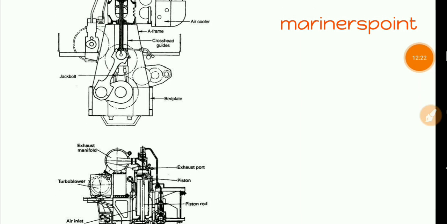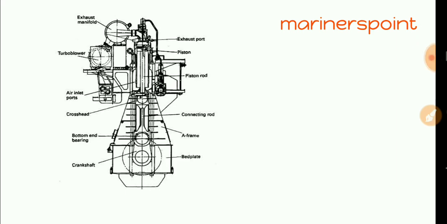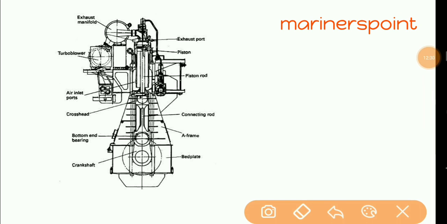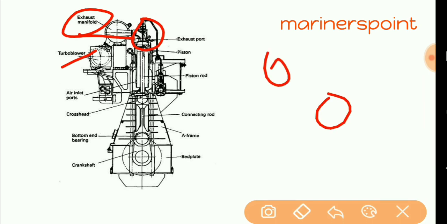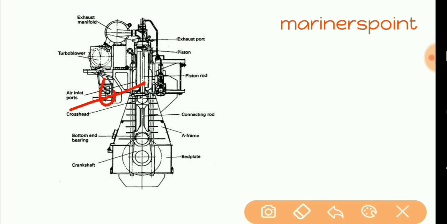now let's see the next figure. Here we can see the exhaust valve, then exhaust manifold, turbocharger, and air cooler. This is our air inlet port. Okay, now very important: air cooler, air inlet port and exhaust port in the figure.